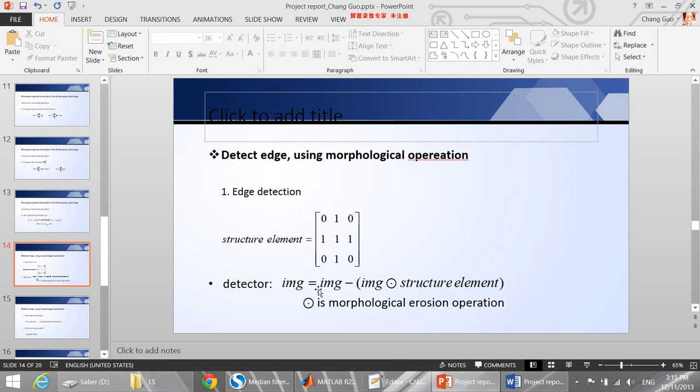So the inside contour of the threshold image is the edge detector. We can compute it like this. And this symbol stands for the morphological erosion operation.